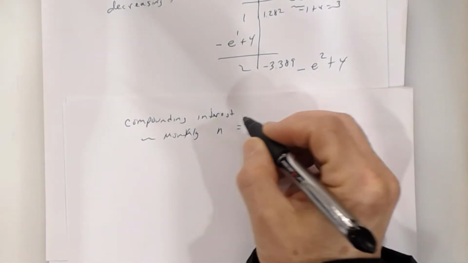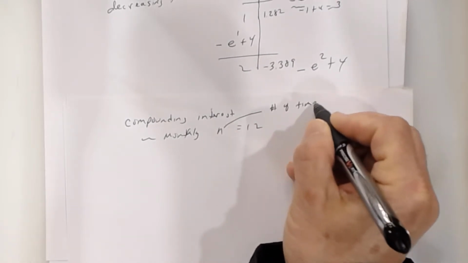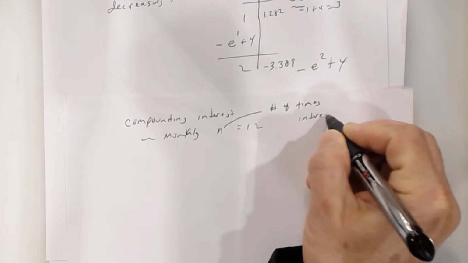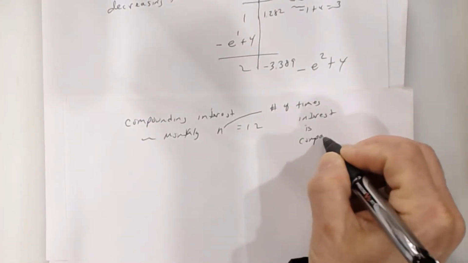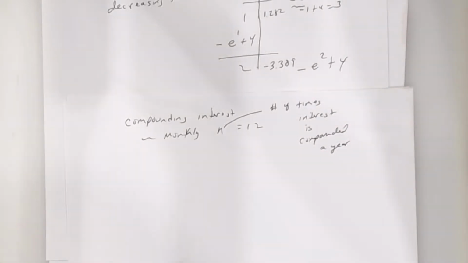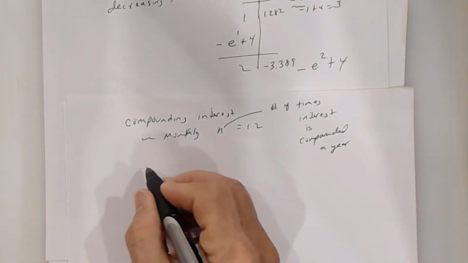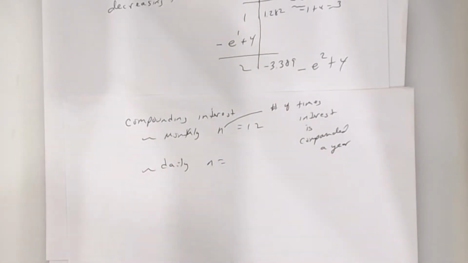N is the number of times interest is compounded a year. If they tell you it's daily, let's assume it's not a leap year.